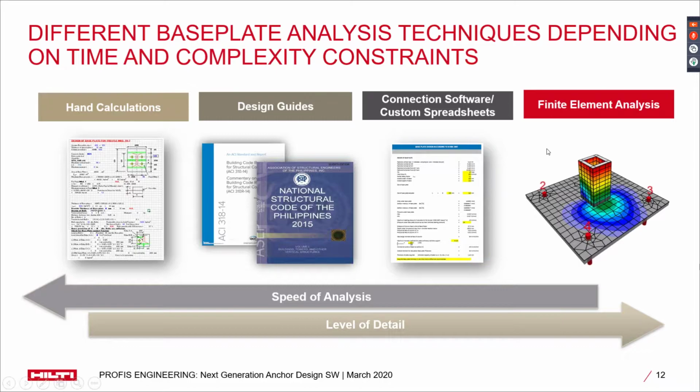Finally, we have finite element analysis. This gives the greatest level of detail and can model nonlinear behavior of the connection. However, it takes a much greater amount of time to generate the models, specify the appropriate boundary conditions, and ultimately validate the model. Another pain point is within the connection design process.